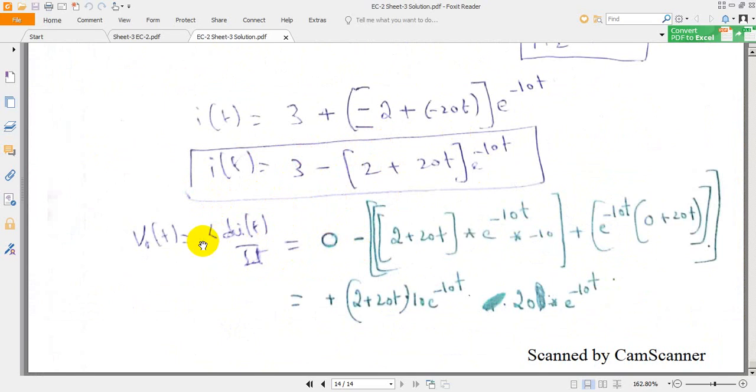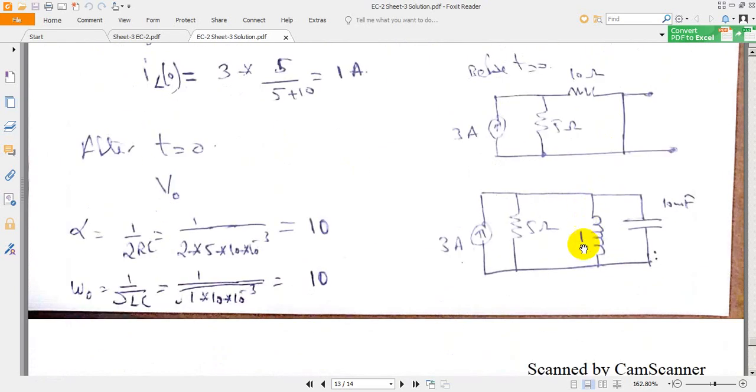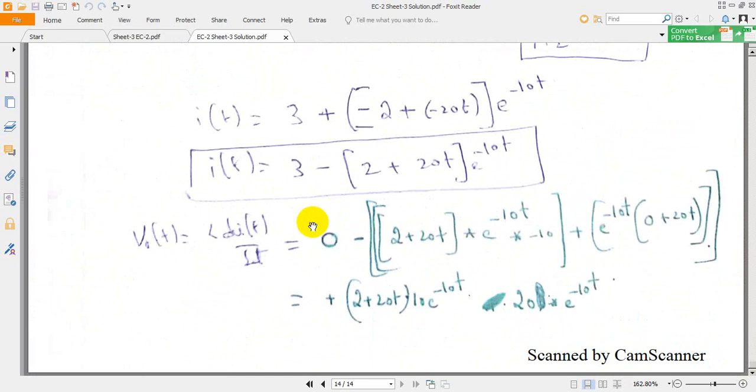L di by dt means differentiation of this. How much is the L value? L value is given as 1, into d by dt of this complete expression. So if we substitute 1 here, V naught of C, voltage across the capacitance, is equal to di by dt, as L is equal to 1. So di by dt is equal to differentiation of this. Differentiation of 3 will become 0.